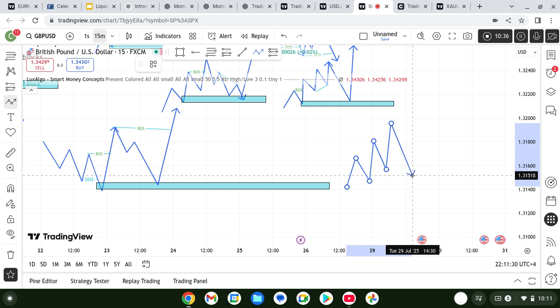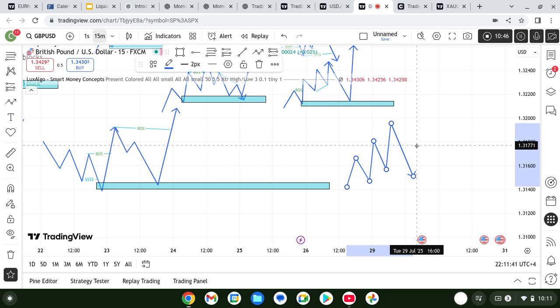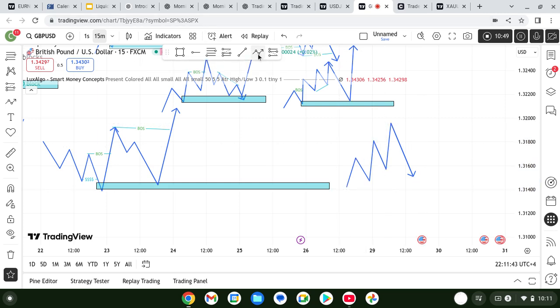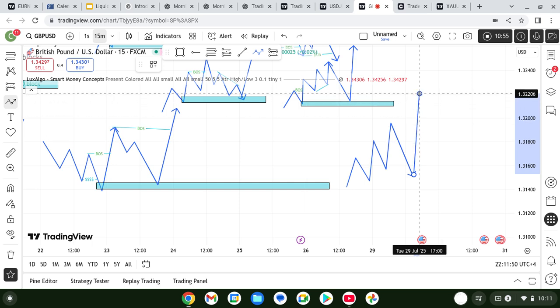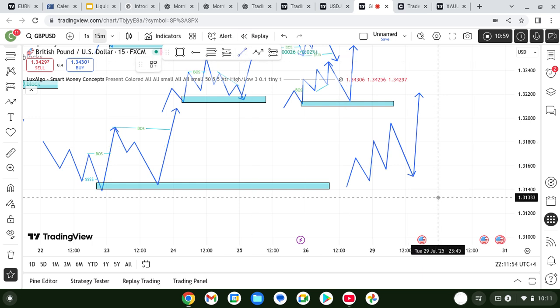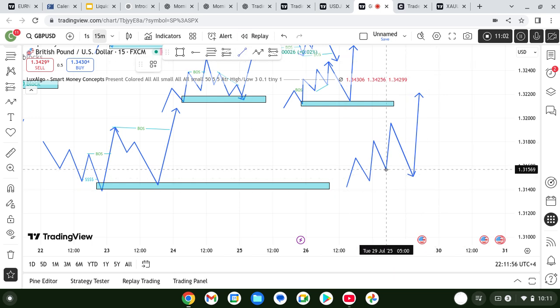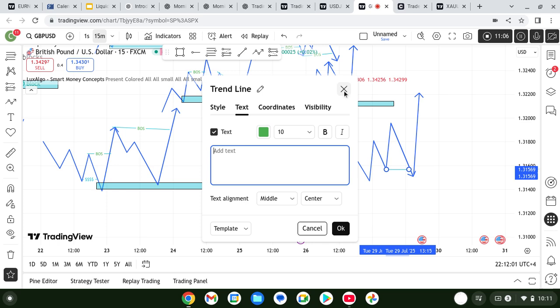Here it swept this recent higher low, and it went to make a break of structure. You see, this one acted as a liquidity sweep, not a change of character.